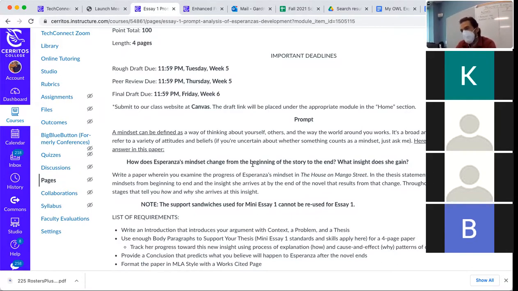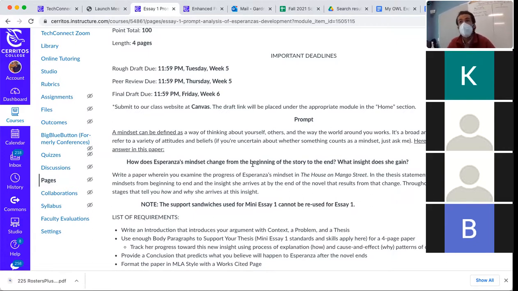Okay, great. Karina, I think you asked the question about support sandwiches. Yes, you should have 2 for every paragraph. If you do that, you're going to meet the minimum requirements for this pretty easily. I would encourage you to come up with 4 body paragraphs, okay? You should come up with 4 points that you want to make about Esperanza's development. I think at this stage of our writing, it's unlikely that when we write a paragraph, it's going to be the full page, or at least not a good quality full page.